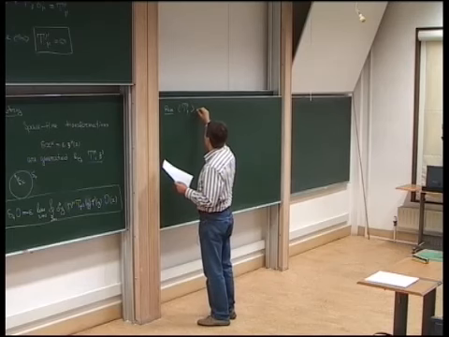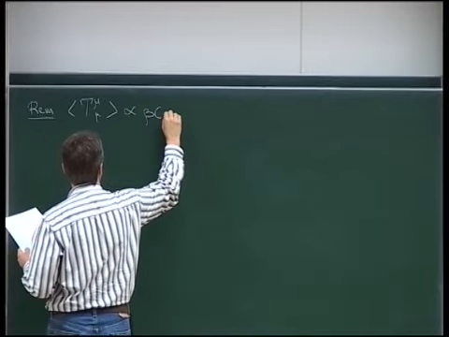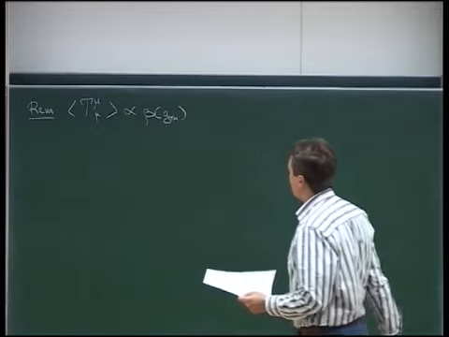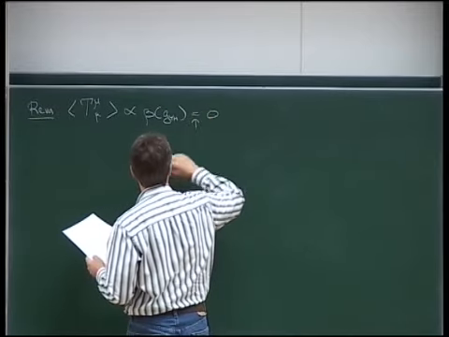Typically this anomaly is proportional to the beta function, but for N=4 the beta function is 0.